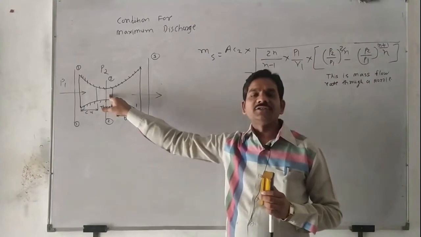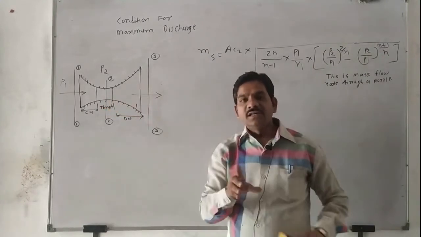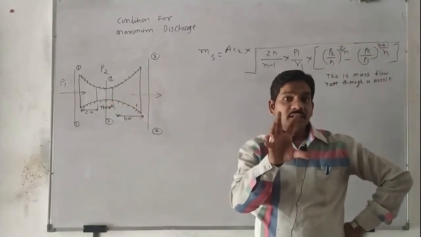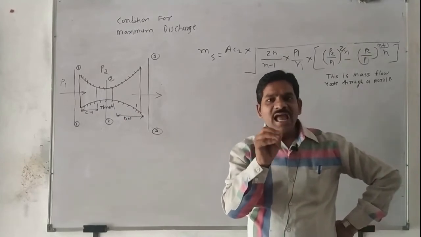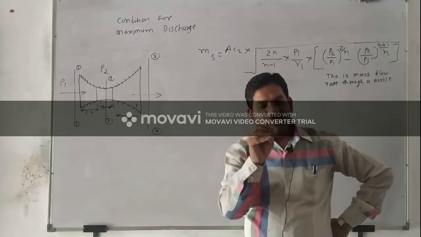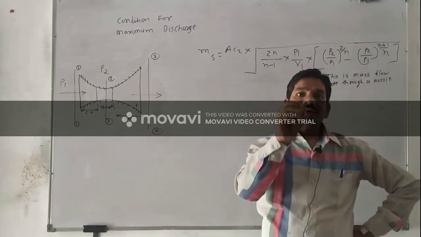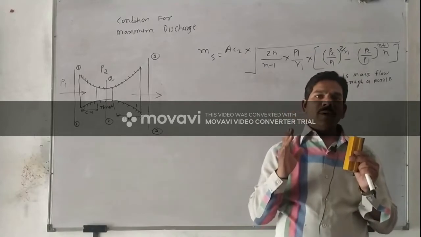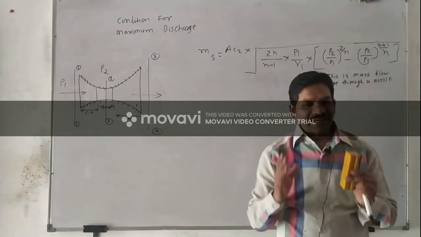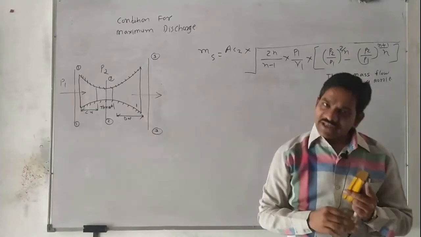Why at the throat section? The reason is that the area of the throat is very small compared to the divergent as well as the convergent section. So that's why the mass flow rate is maximum at the throat section.